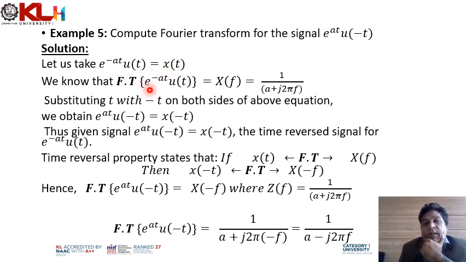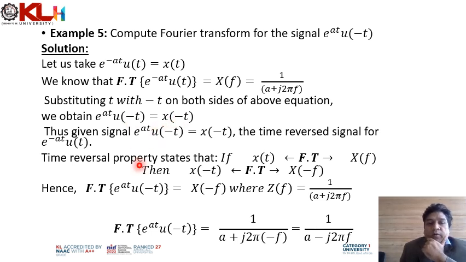Now we know the Fourier transform of that signal e^(-at) u(t) is simply 1 by (a + j2πf), and then we substitute here t with -t on both sides. Then you are going to get, in the place of e^(-at), e^(+at), and in the place of u(t) you will get u(-t), which is simply x(-t).